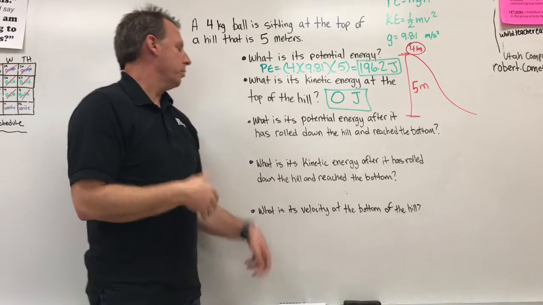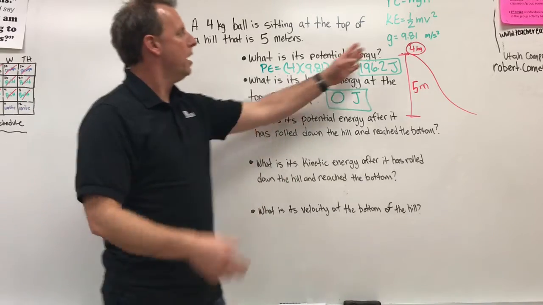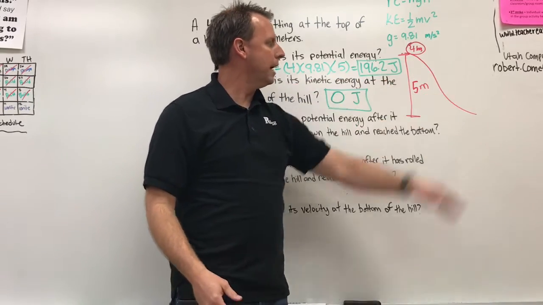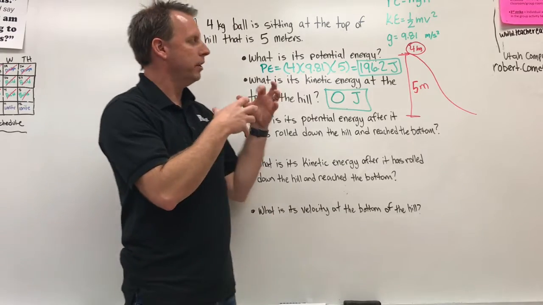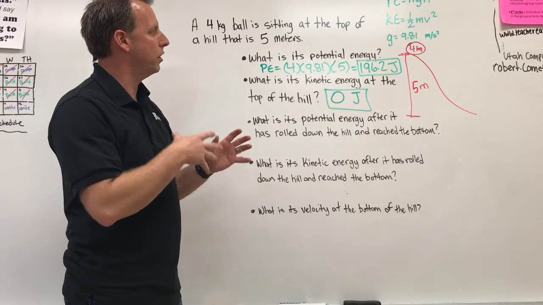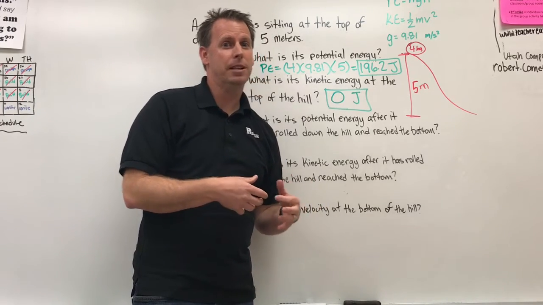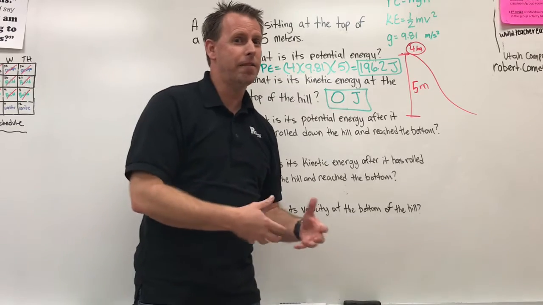The next question says, what is its potential energy after it has rolled down the hill and reached the bottom? So, right, we're going to let this ball roll down the hill. And some of that potential energy is going to be turned into kinetic energy. And as it goes down the hill, it's going to have less and less height, which means less and less potential to keep getting faster.